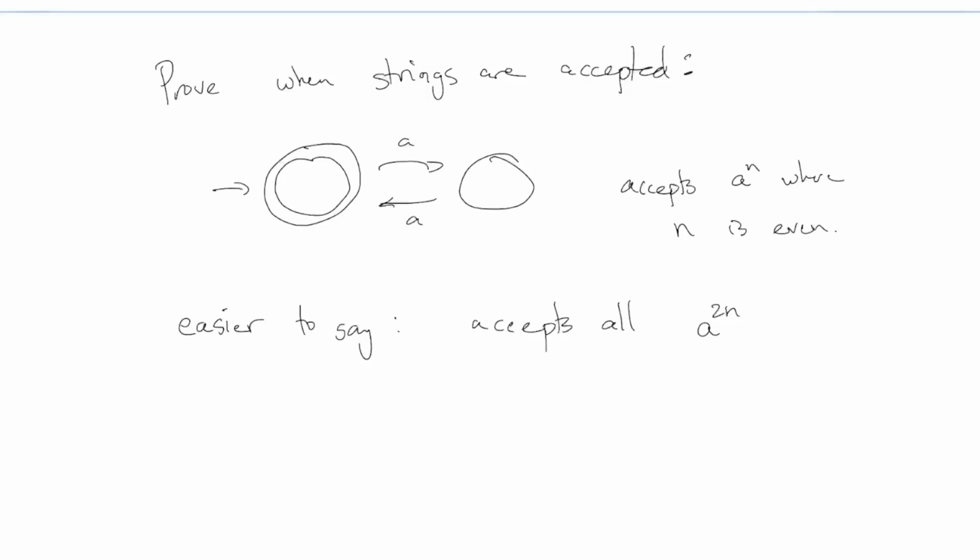All right? So that's one thing. But now we should write this in more formalized terms. What I want to say is a to the 2n is accepted. If I want to say this more formally, I would give names to these states.